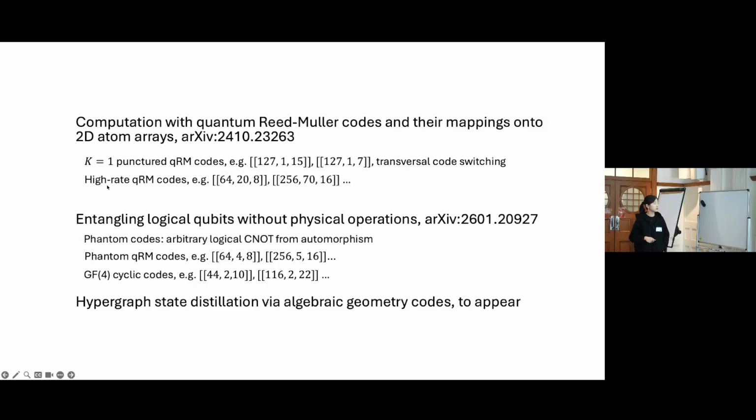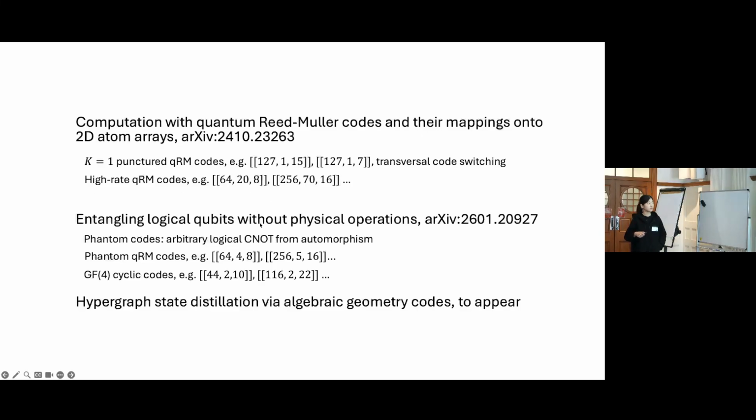That leads to this follow-up work, which was put on arXiv last week, where we consider something called phantom codes. The definition of this is that we can do arbitrary logical CNOT circuits, no matter what the depth, from automorphism permutation only. This phantom QRM family is derived from this high-rate family by gauging out some of the logical qubits.